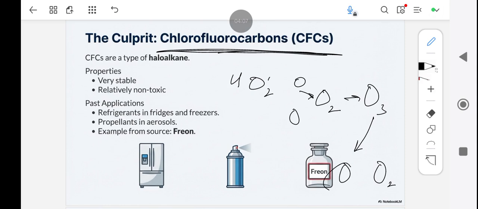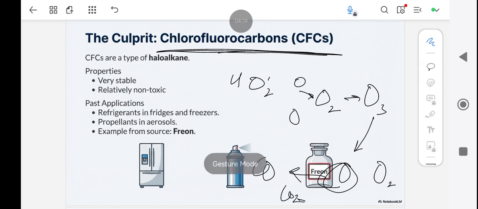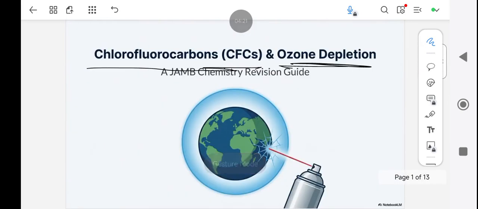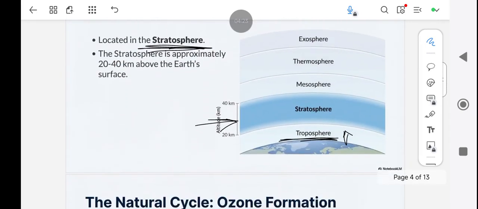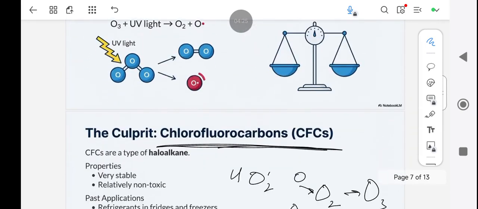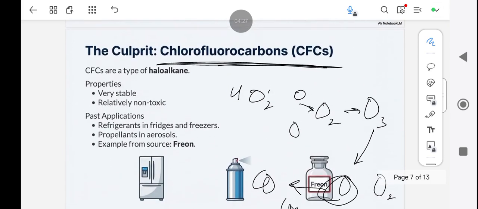And so this free radical, or free oxygen, combines with carbon monoxide to form carbon dioxide. So as the ozone layer is broken down, which causes the depletion of the ozone layer, the next thing that happens is global warming.